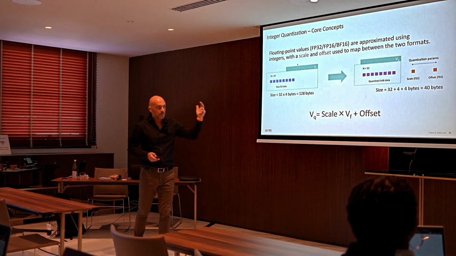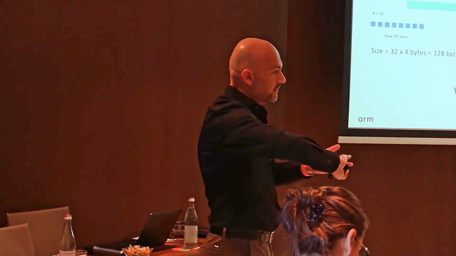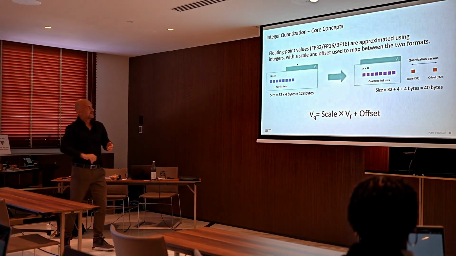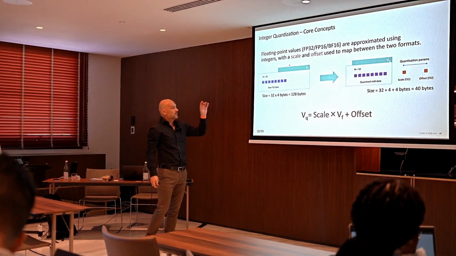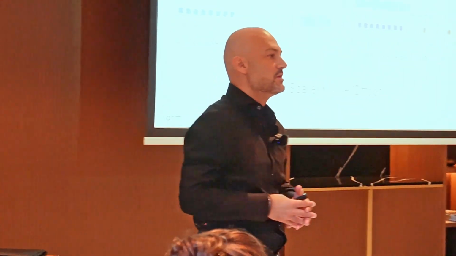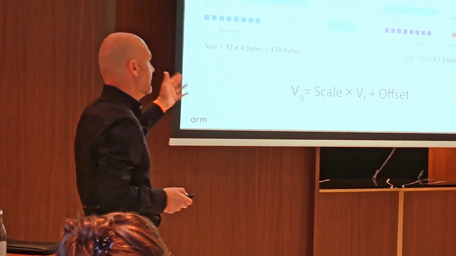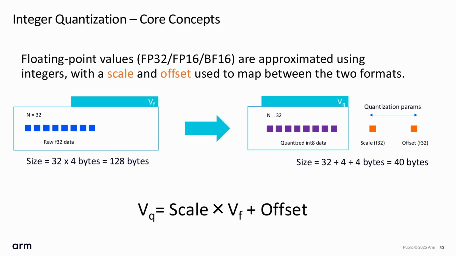Quantization, very core concepts. We are approaching the peak of the learning. Quantization is a compression technique. And when we talk about integer quantization, it means that if we have a floating point array, we try to use integer values, maybe plus a scale and offset.